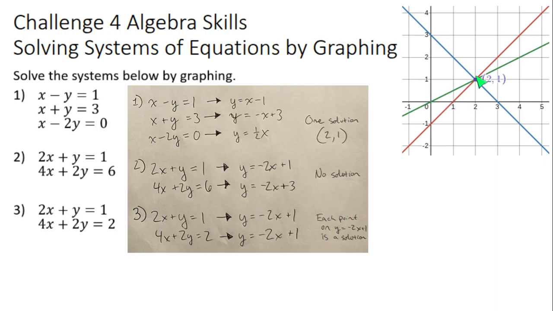Run of 2, rise of 1. And a y-intercept of 0, since this is y equals 1/2 x plus 0.